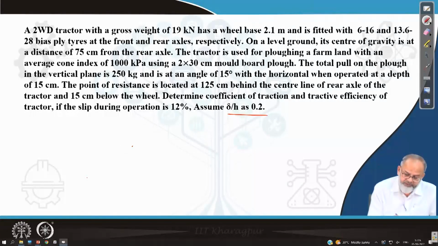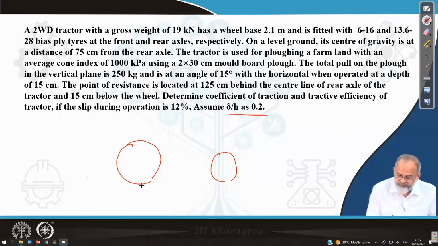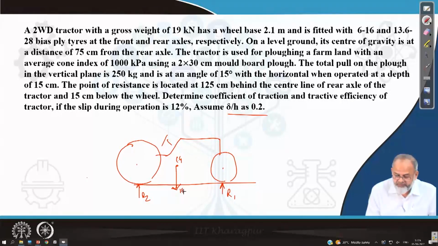So, first you have to draw the tractor. This is R2 and this is your CG. Weight is acting, 19 kilonewton, and the line of pull is at 15 degree to the horizontal.